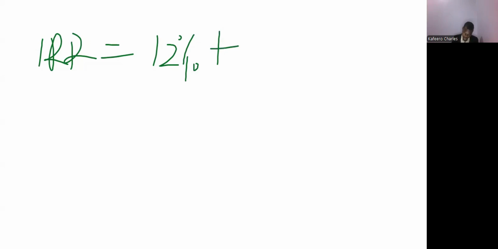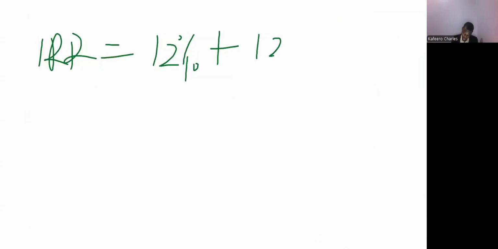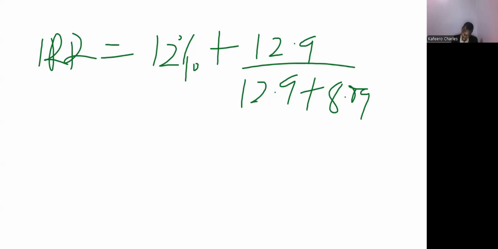So we take this, then we go to computing IRR. We wrote the formula already, so we are going to put in the lower rate, which is 12%, plus our A, which is 12.9. This is 12.9 over 12.9 plus 8.09 times 20%, minus 12%.